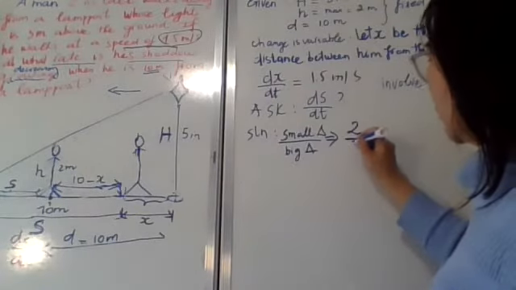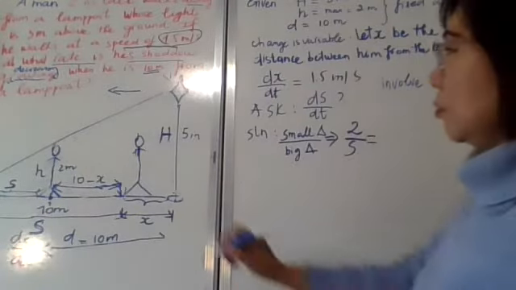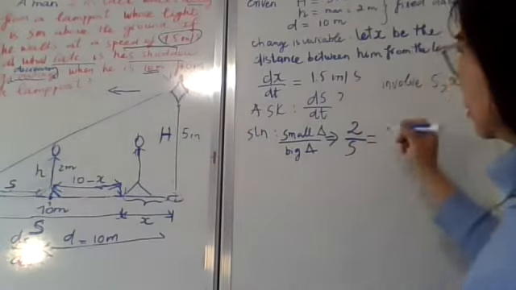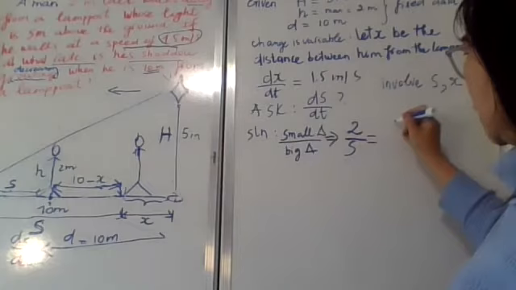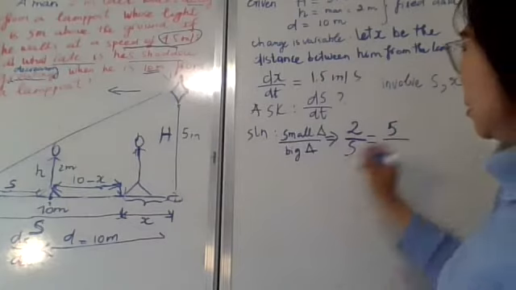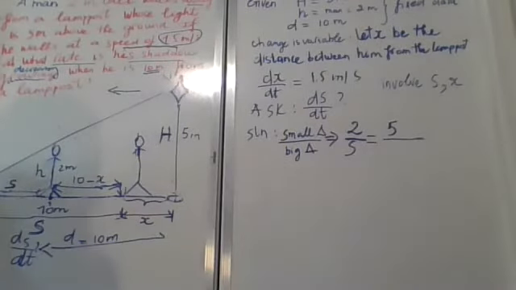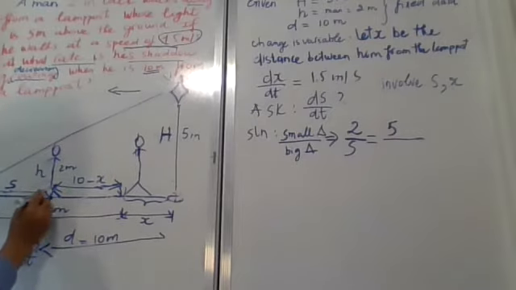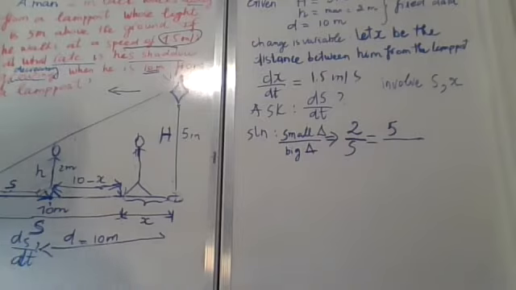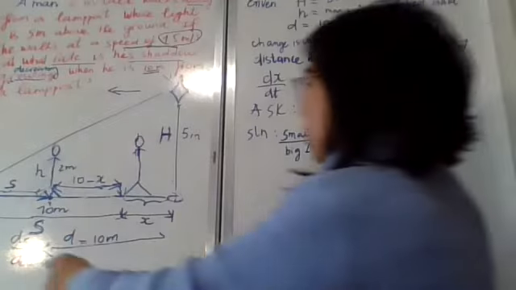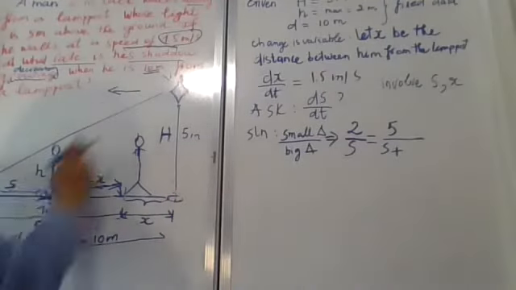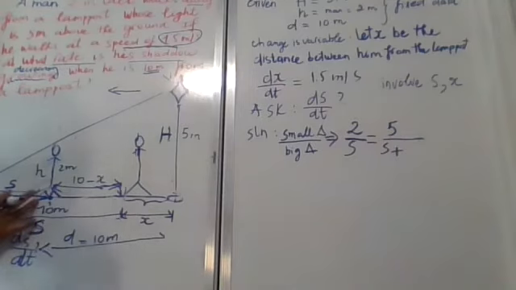The height of the big triangle is the height of the lamppost, which is 5, over the distance from here to here. This distance stands for his shadow, right? So will be equal small s, adding with, so 2 over 5 equal 2 over 5.